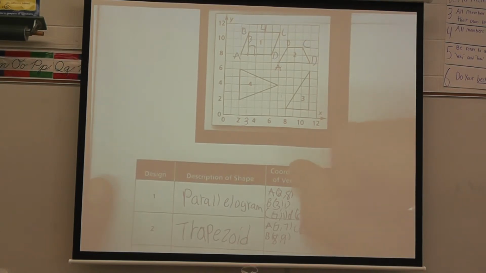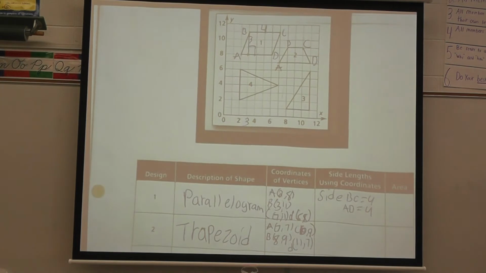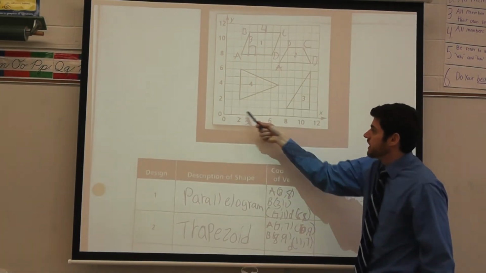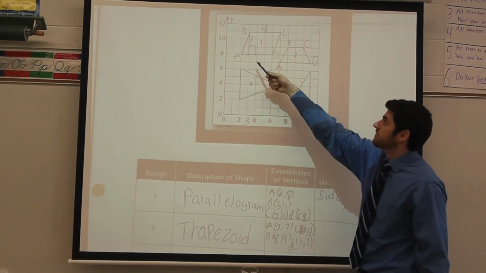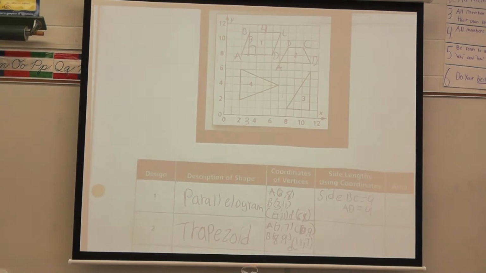Ooh, a little sloppy in these boxes here. That's 10, 9. And then D is going to be at 11, 7. So D was 11, 7. So again, I labeled my vertices A, B, C, and D. I went to my x-axis first, my y-axis second to label the coordinates on that grid.